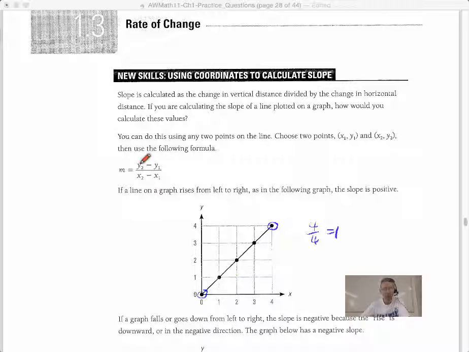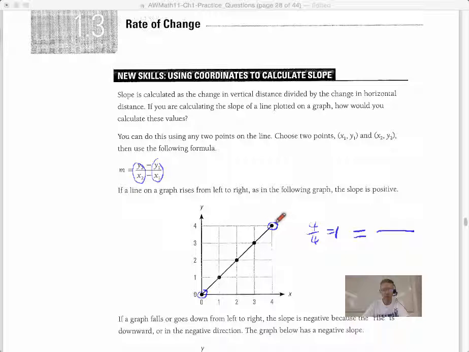But we can also use this formula, which looks at the y coordinates and the x coordinates of the first point and the second point. Here are the coordinates of the first point, here are the coordinates of the second point. We plug them in and we can get the slope that way. So we look at y2 minus y1.